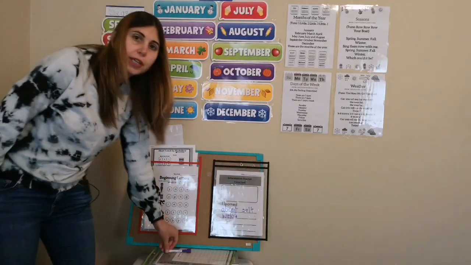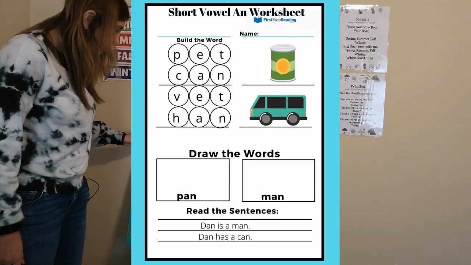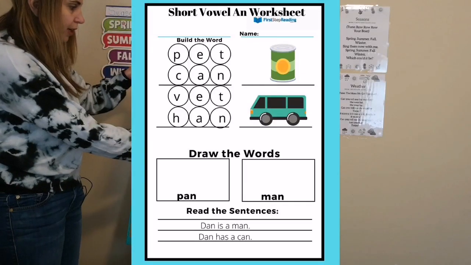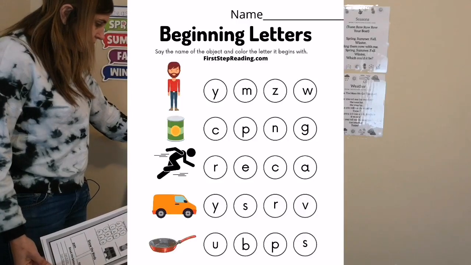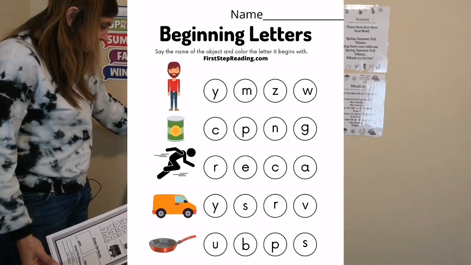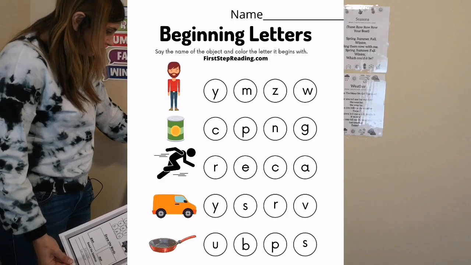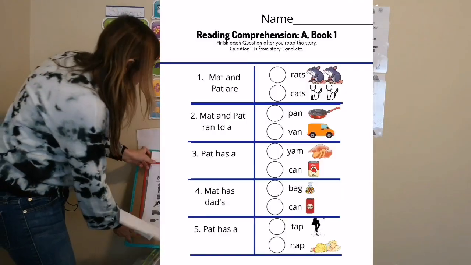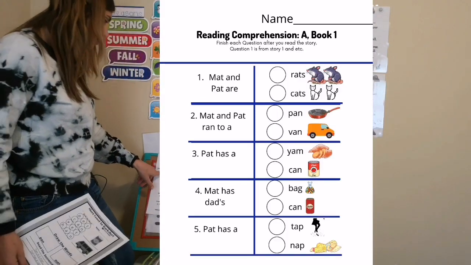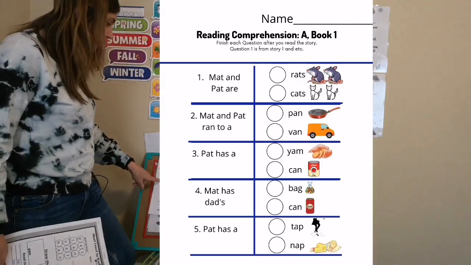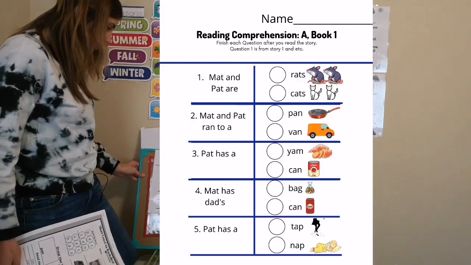I'm going to show you some worksheets you can do to practice. We have our short vowel "and" worksheet. We have our beginning letter sounds worksheet. And we have our reading comprehension of the book's worksheet. So you have story 1 is question 1, story 2 is question 2.